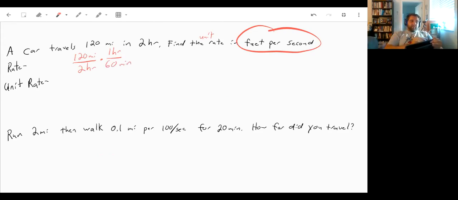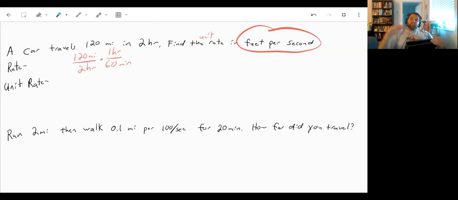The other piece of this that you need to pay attention to is the side of the fraction that you write things on. Since 1 hour and 60 minutes are the same, this fraction that we're multiplying by here is the same as multiplying by 1. And we know that when we multiply by 1, our answer stays the same, but we're just changing units. So the number will change, but the answer will actually still be the same value and speed.